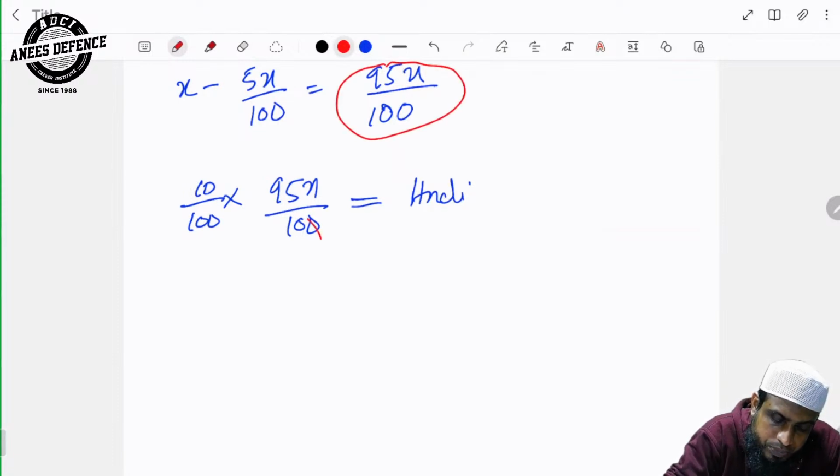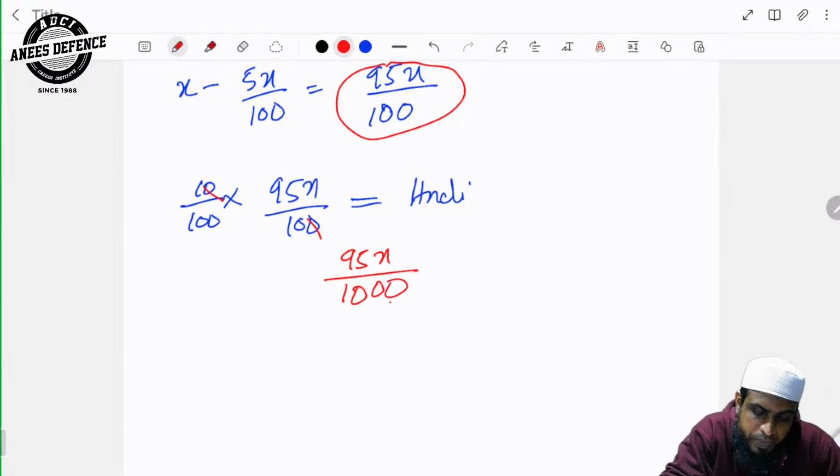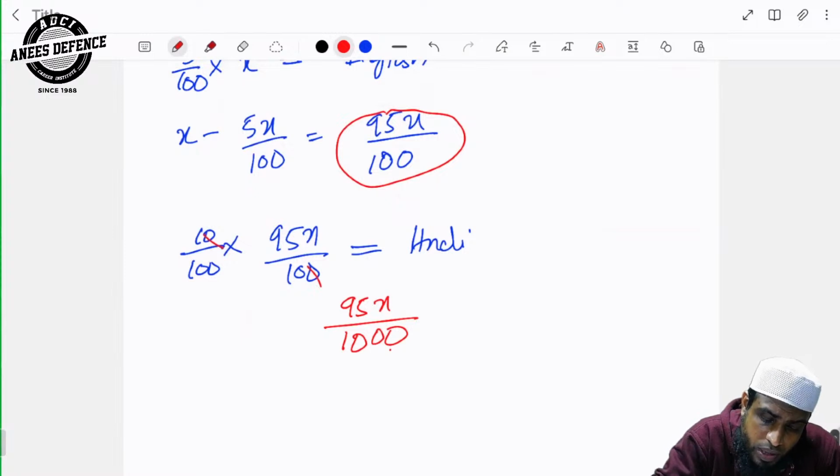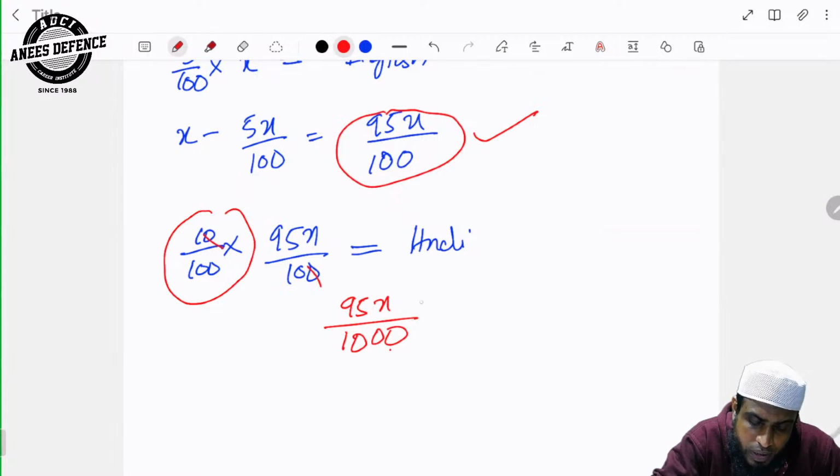So here, 95x by 1000. 10% of the remaining books are Hindi. So the remaining books is 95x by 100. Then 10% of those books are Hindi.